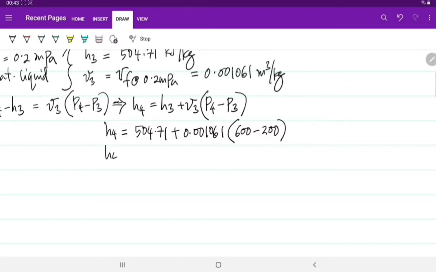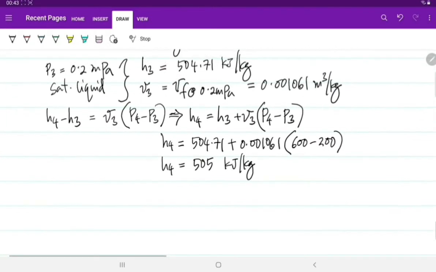Okay, put that in the calculator, you should get H4 equals 505 kilojoules per kilogram.